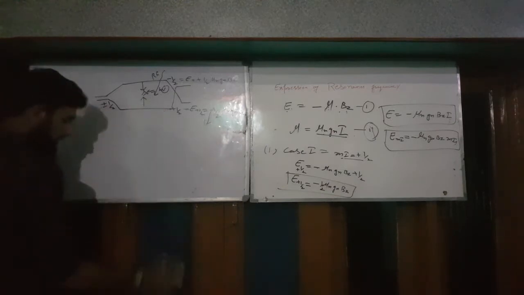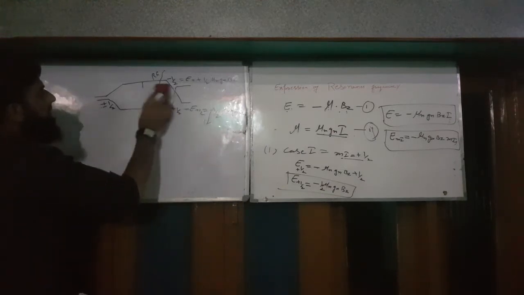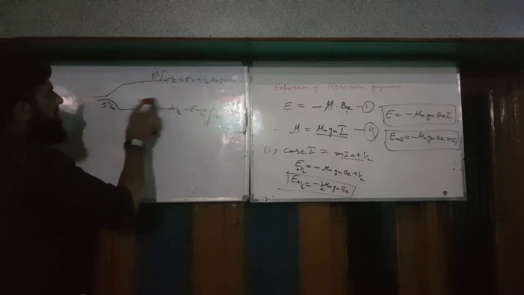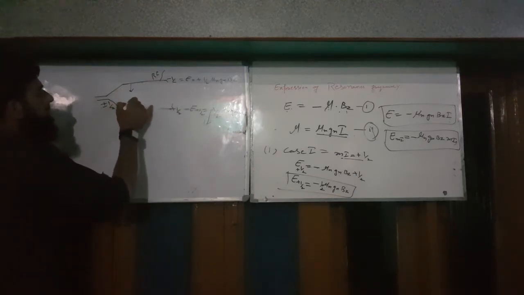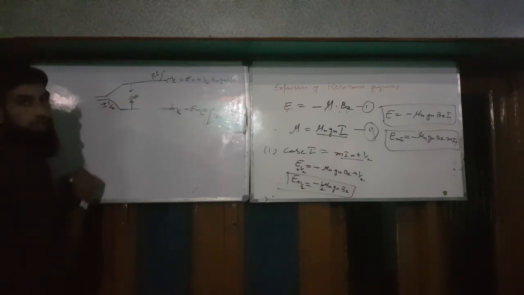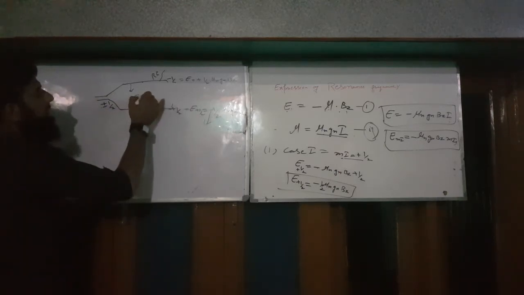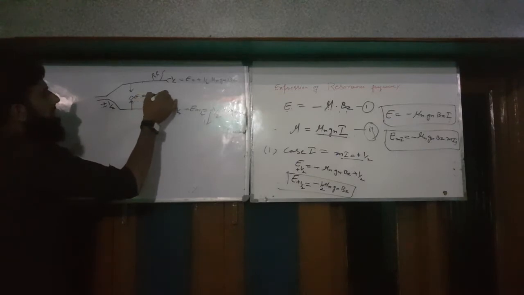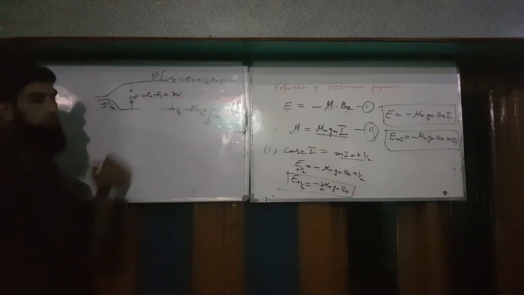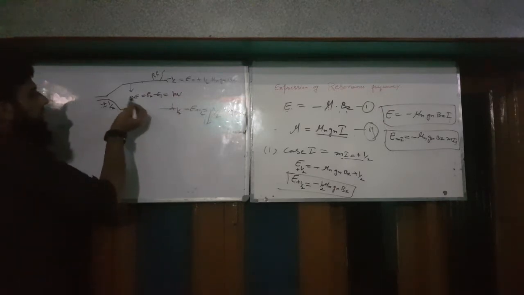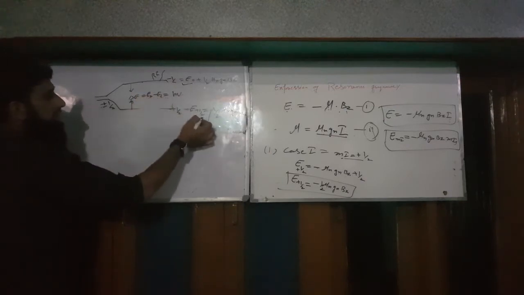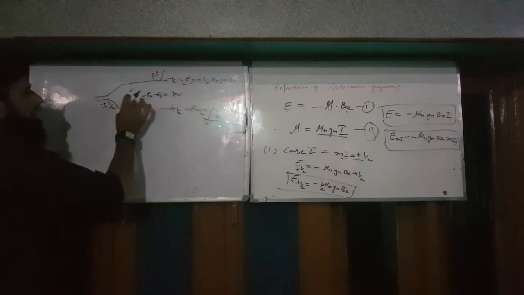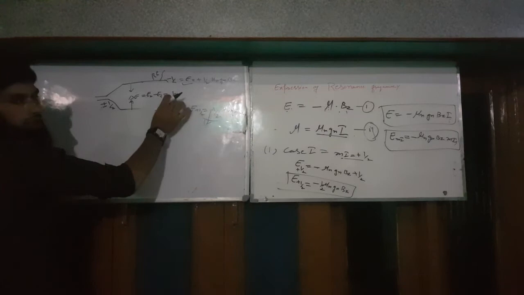Now I have already told you previously that this energy difference delta E is equal to E2 minus E1, and this delta E is equal to h nu. We know E2 is this one and E1 is this one, and we can find out delta E, or we can find out the frequency.